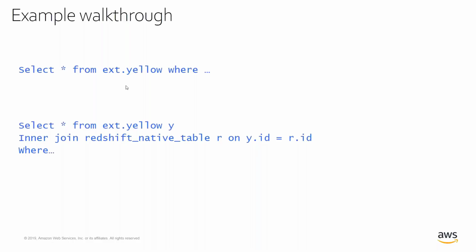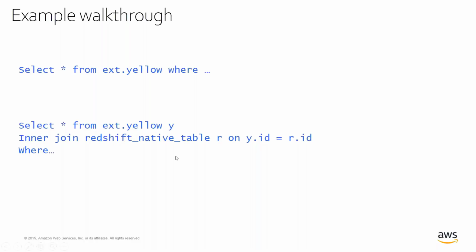Or I can do something, this is quite cool. Select star from ext.yellow, and you can inner join this yellow table, which is a metadata table in Glue with data sitting on S3, but you can inner join that data with a Redshift native table.